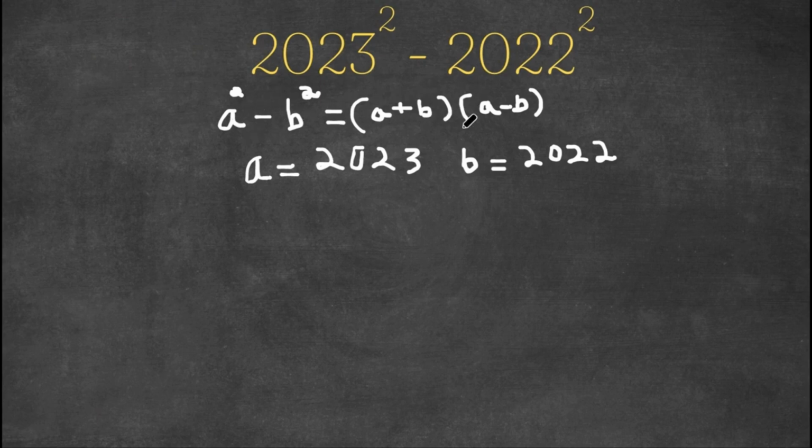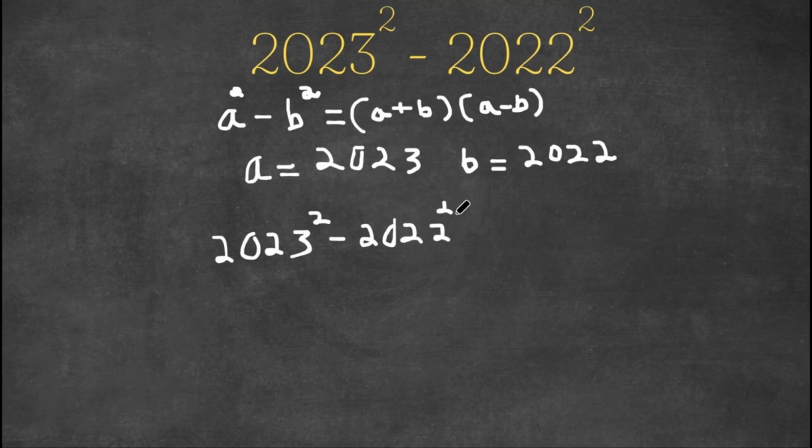So a squared minus b squared equals a plus b times a minus b. Well, a is 2023, so we have 2023 squared minus 2022 squared is equal to, a is 2023, so 2023 plus b is 2022.